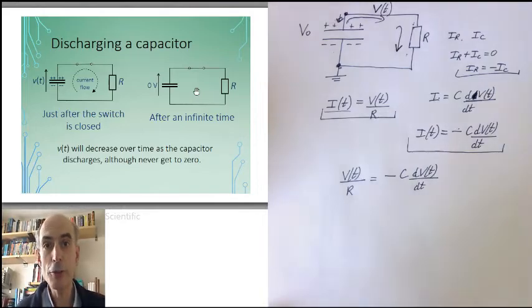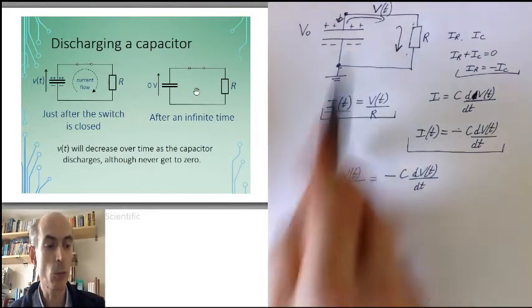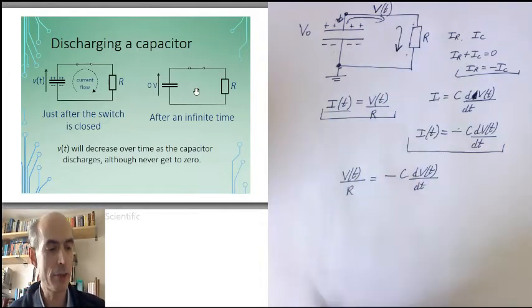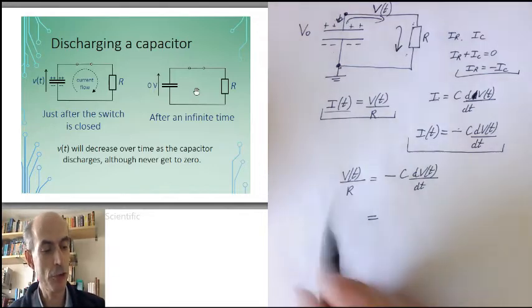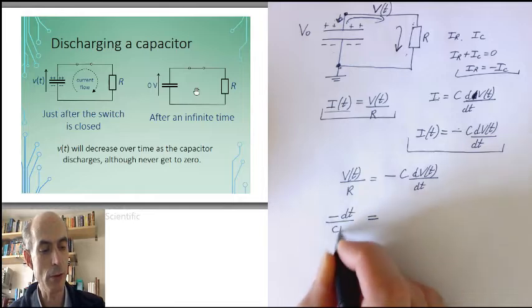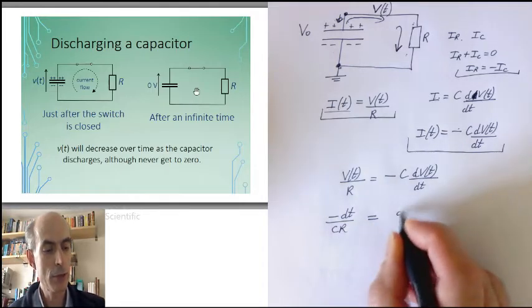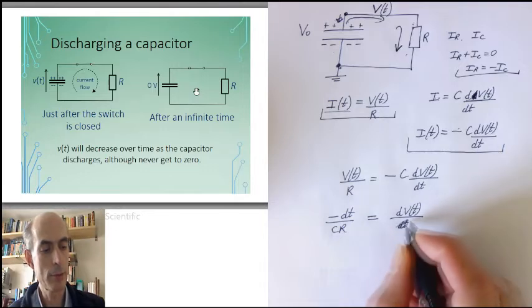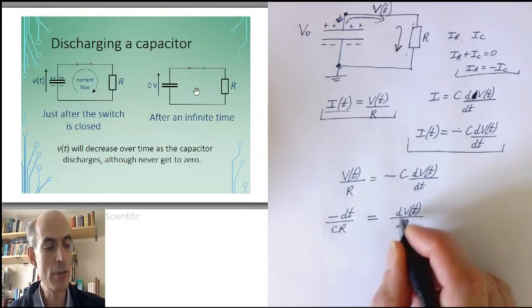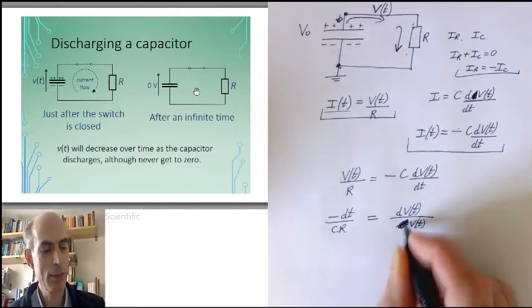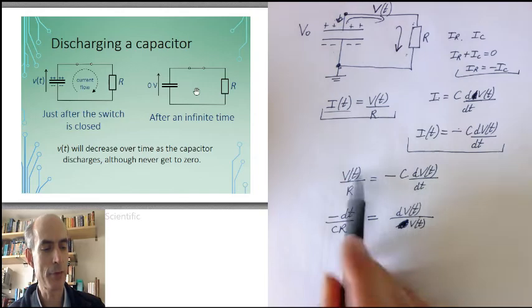It's a differential equation. If we want to solve this to work out what the voltage actually is as a function of time, we need to integrate it. So, collect terms on this side, we'll get minus dt over CR, and on this side, dV of t over V of t, bringing that down here and that up there.